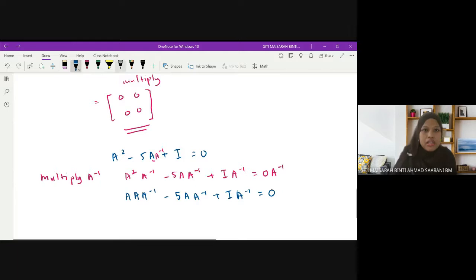So then, the A A inverse part becomes I, minus 5I, plus A inverse. The I times A inverse becomes A inverse, equals 0.